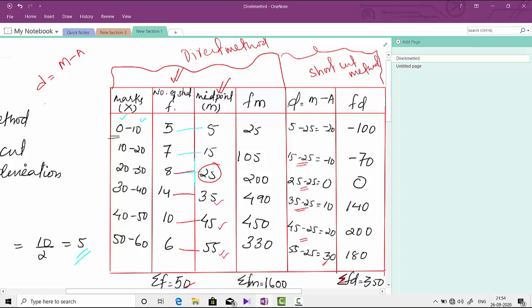Now that you have the value of D, you have to also find out FD. That is the product of frequency and the deviation.